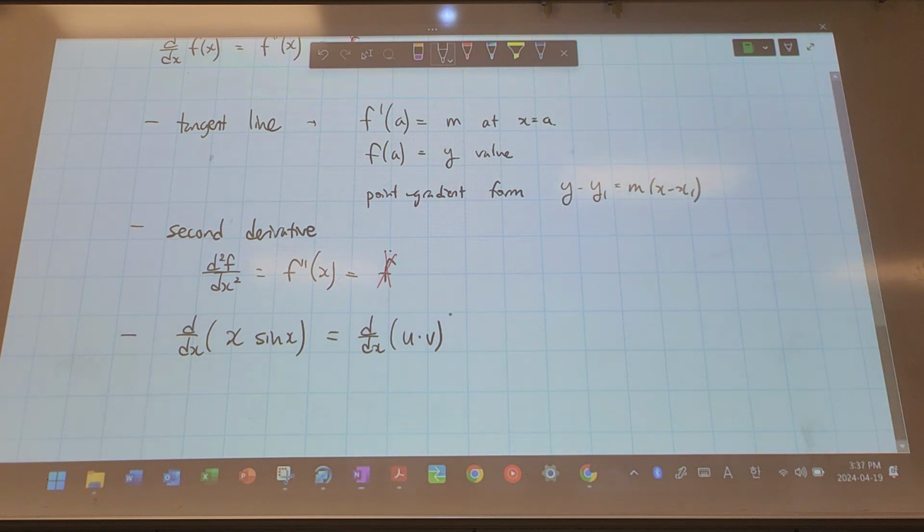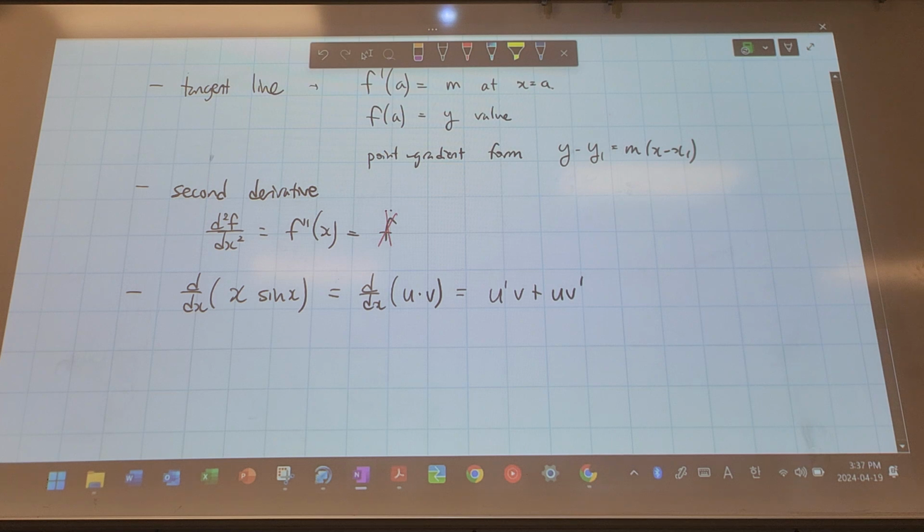So then you take the formula booklet out. I think it goes like u prime v plus u v prime. I think of it as you differentiate the first part, and then you do it again, but this time for the next part. So that's the product rule.